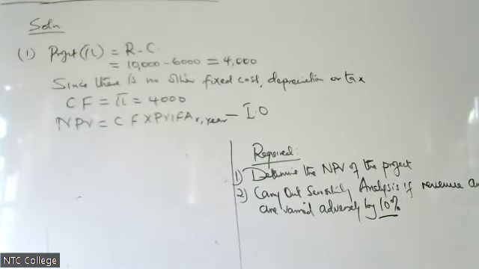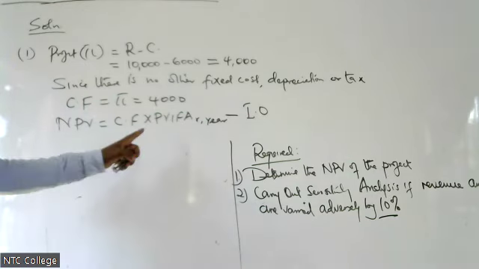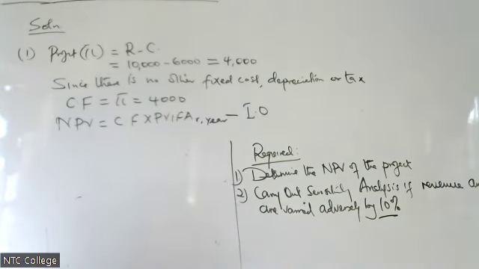Okay, so can somebody get for me PV per? Did I give the percentage? You are given 10%. Can you get me PV per 10% 5 years? What is the value of PV?